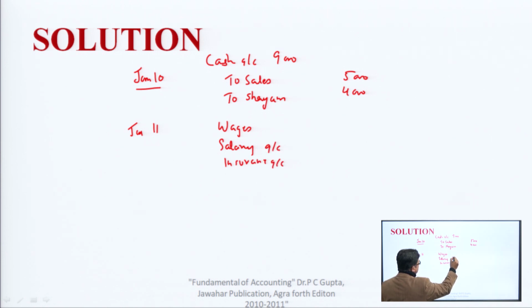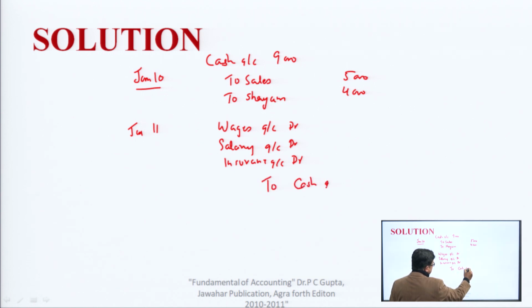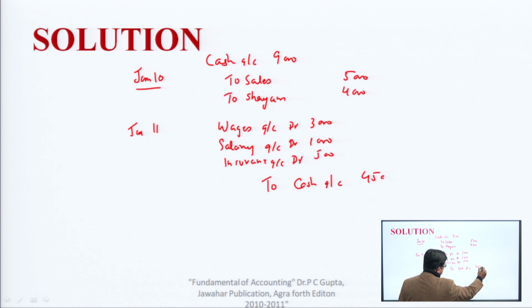So, I do the debit entry: wages account debit, salary account debit, insurance account debit, to cash account, because all the things are paid by cash. Write down the amounts like 3000, like 1000, like 500. Total is 4500.